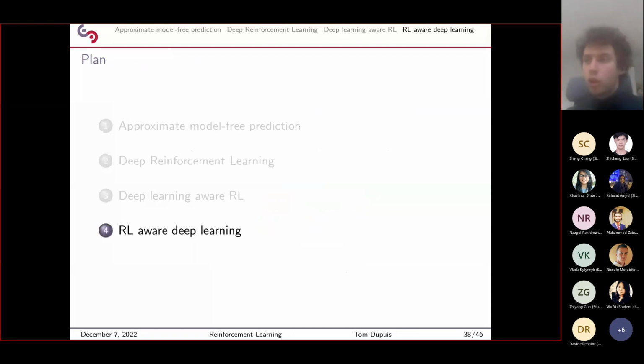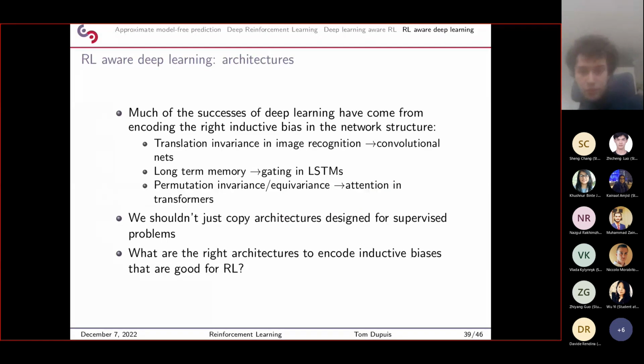Finally, a little talk about architectures that we can use for deep reinforcement learning. In deep learning, we have three main types of architectures right now. I mean, four now, but you have translation invariant networks, CNNs, that are used for images.